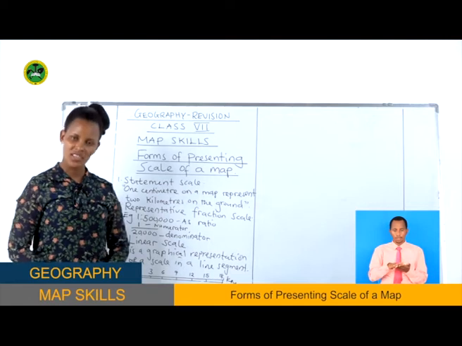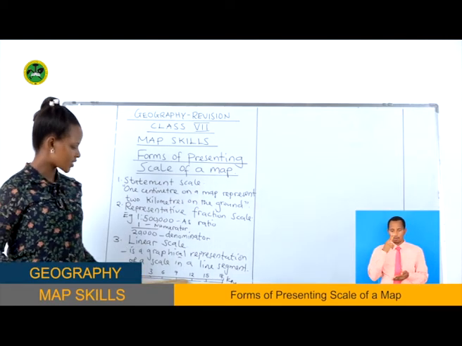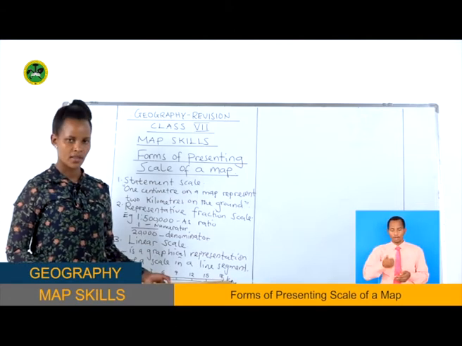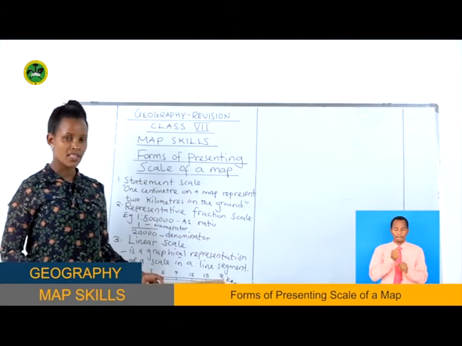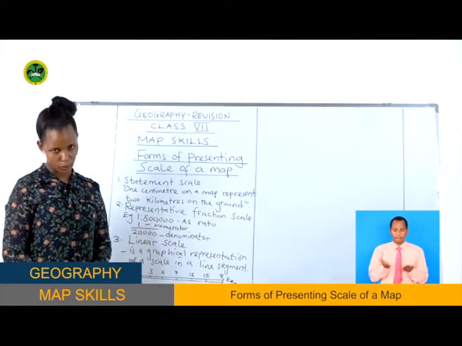And the primary section, as you can see here, is represented in kilometers. It means this one measures ground distance and not map distance.